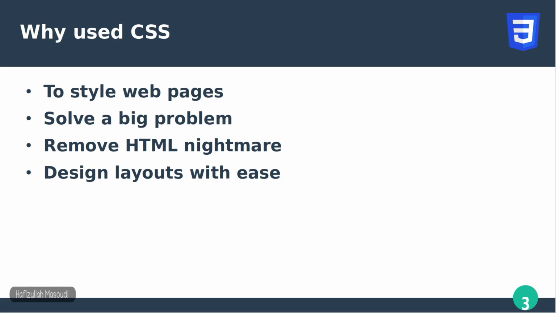Now, why do we need to use CSS? Well, because we want to style our web pages, including the design, layout and variations in display for different devices and screen sizes. So CSS solves a big problem if we look at this clearly. HTML was never intended to contain tags for formatting a web page, and it was only created to describe the content of a web page like a heading or paragraph.